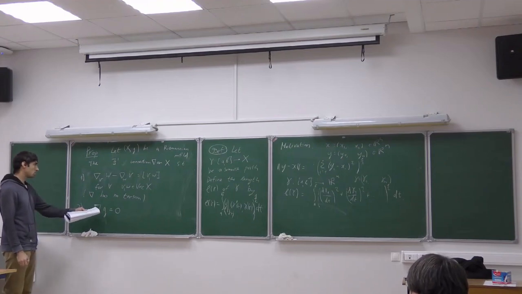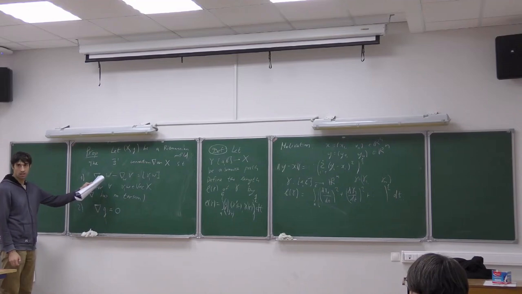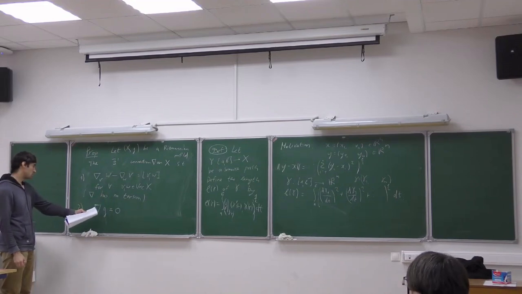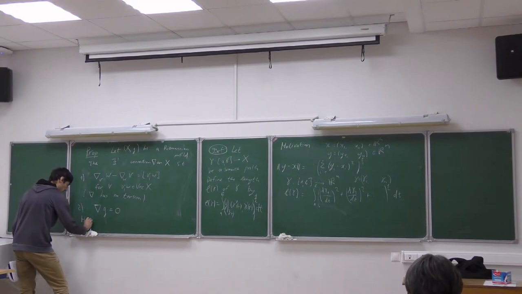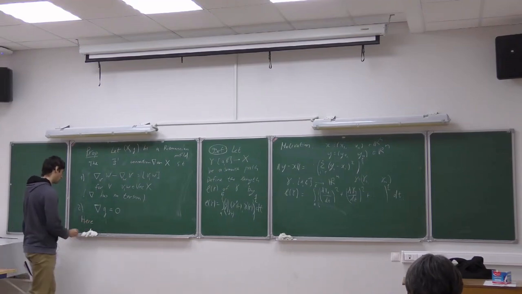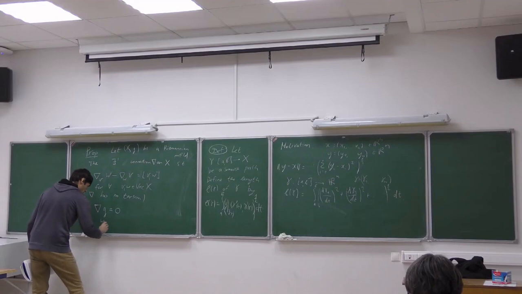Nabla is acting on sections of TX, and g is a section of S2 T star X. I know that if I have nabla on TX, then I have, so here we have the following convention, rather notational.